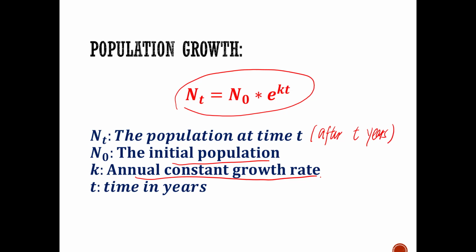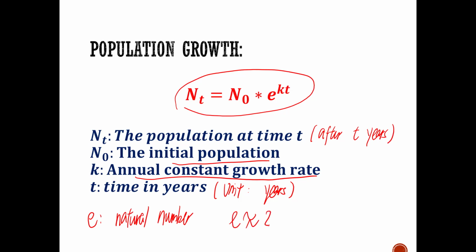And then here time, t, represents time in years, and the unit for t must be years. Not months, not days. It has to be years. And here e is called the natural number. And e is approximately equal to 2.7.